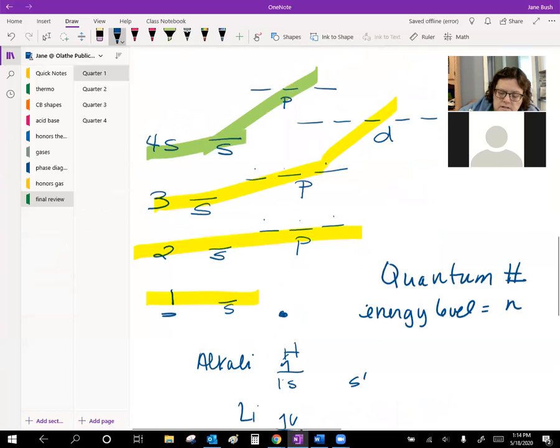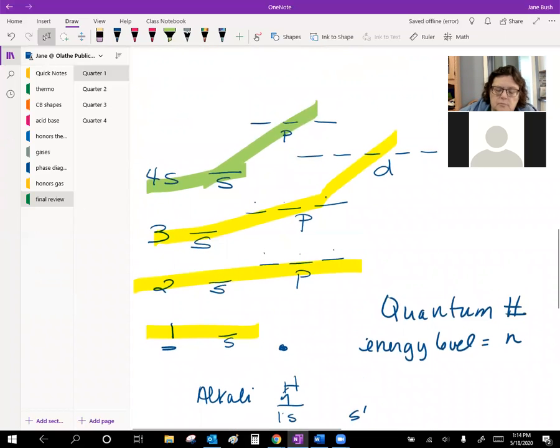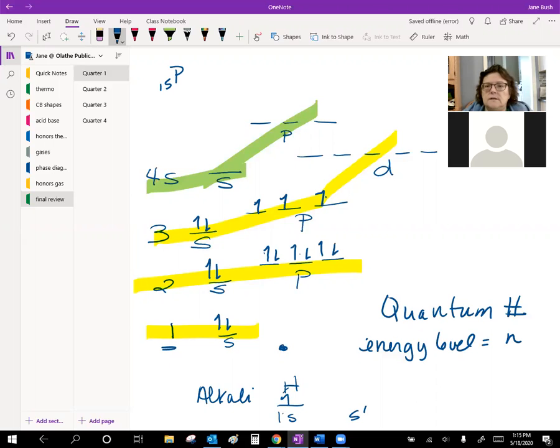Okay, so back to filling. The rule for filling electrons is we start with the lowest energy first, and then we build up. So if we want to do phosphorus, phosphorus has 15 protons. So when it's neutral, it's going to have 15 electrons: 1, 2, 3, 4, 5, 6, 7, 8, 9, 10, 11, 12, 13, 14, 15.